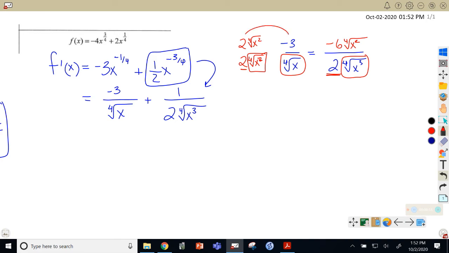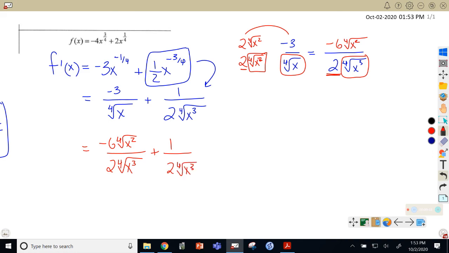So rewriting, we now have this first term being negative 6 4th roots of x squared over 2 4th roots of x cubed, plus 1 over those 2 4th roots of x cubed.